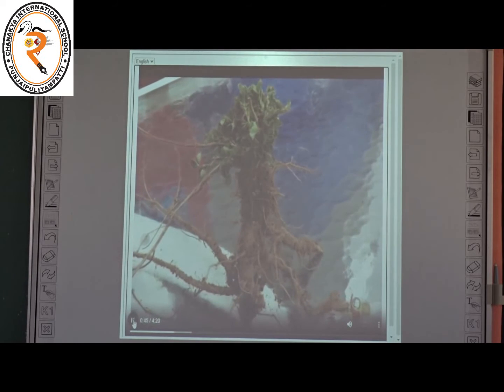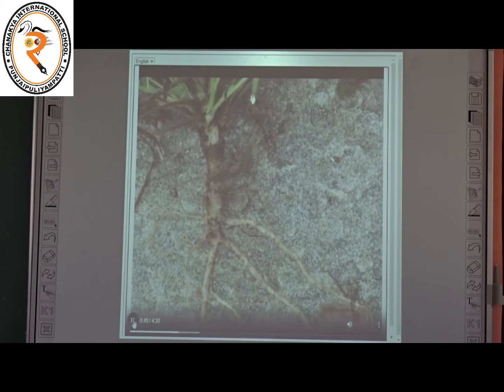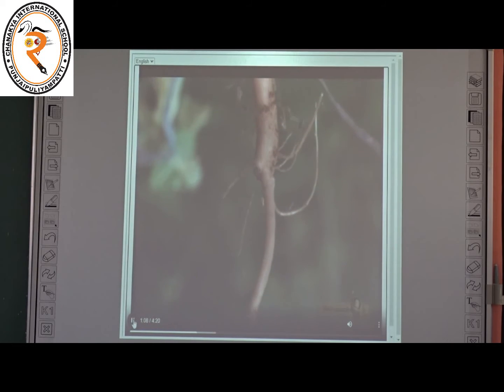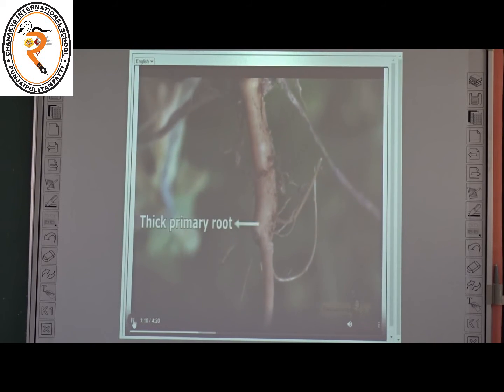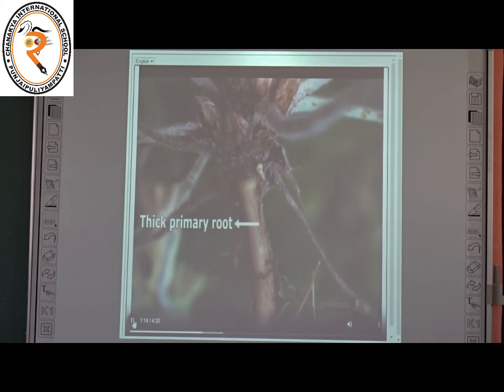Roots show much variability in their shape and structure, which is related either to their function or environmental condition.